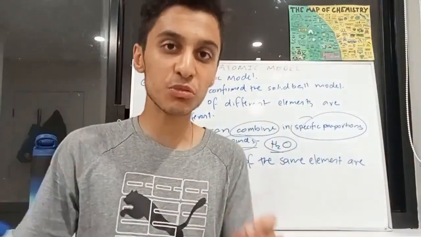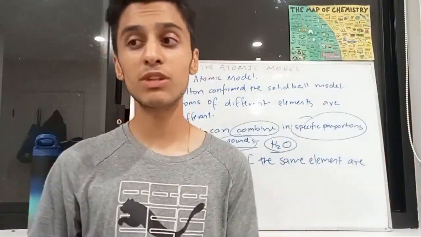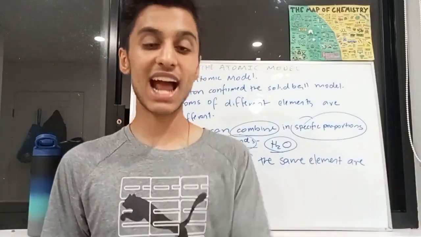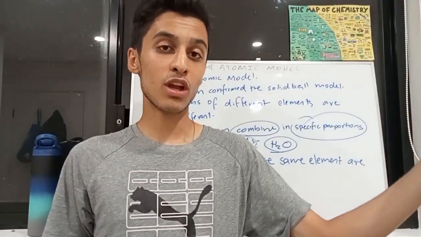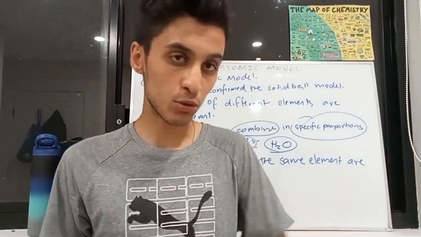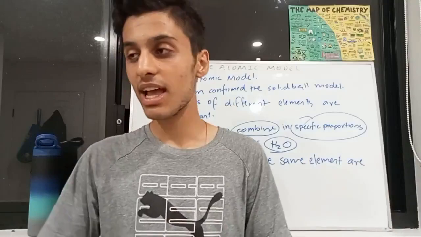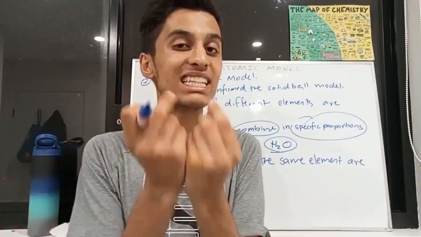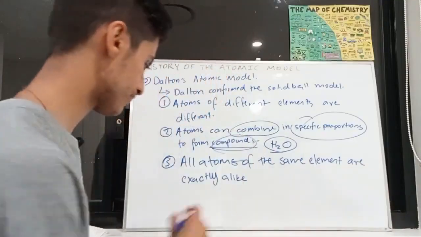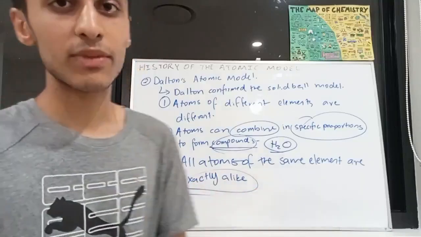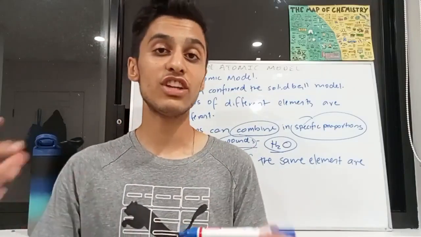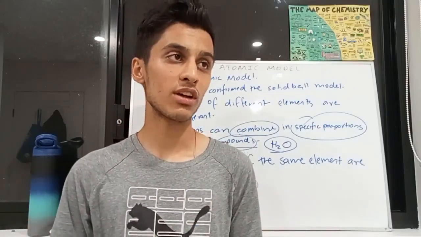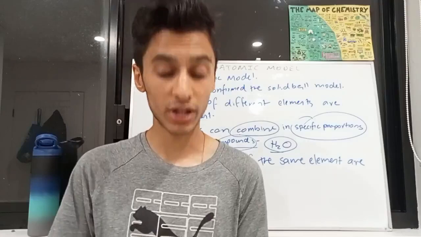We cut down to their smallest piece of matter, which is an atom. Now if we compare the first piece of gold's smallest atom and the second piece's, they're going to be exactly alike. Alright, so then this was Dalton's model. After Dalton came JJ Thomson, who came up with the plum pudding model.